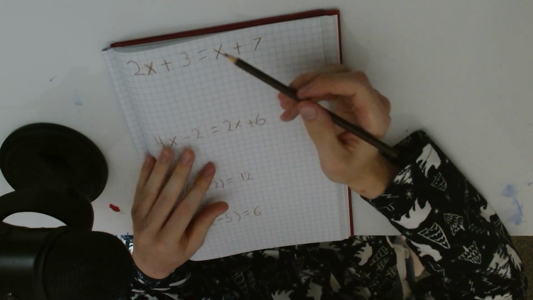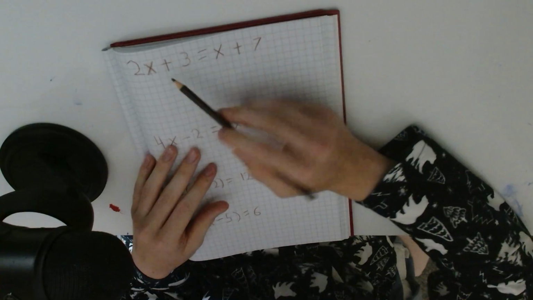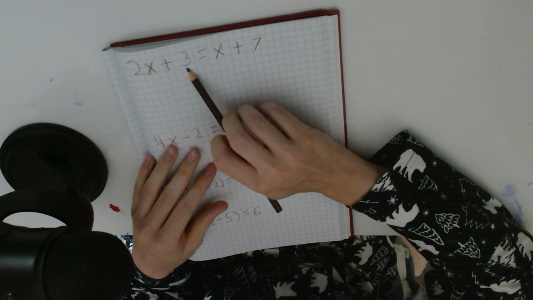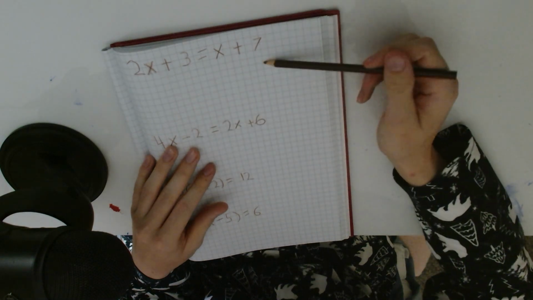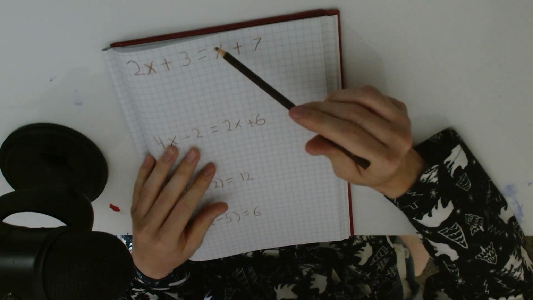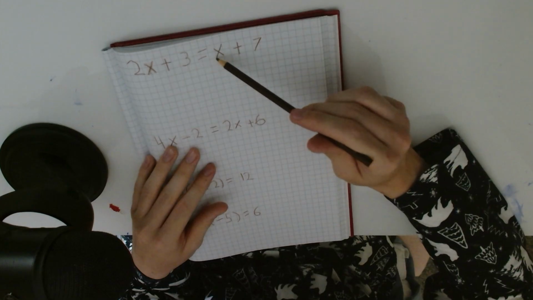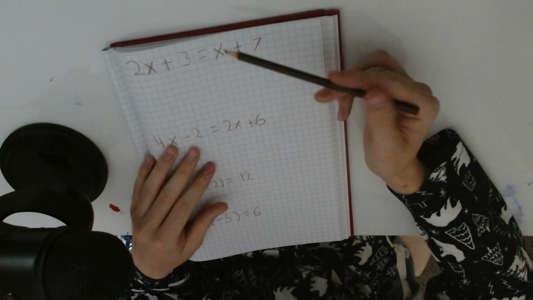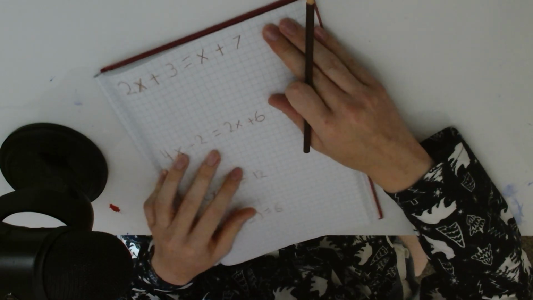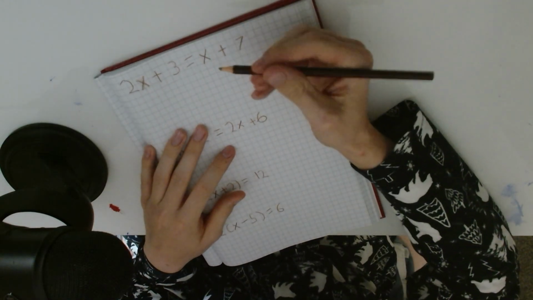So to get that, we can either do minus 3 to this side and then to both sides, or we can do minus x to this side and then to this side. So I'm just gonna do minus 3.